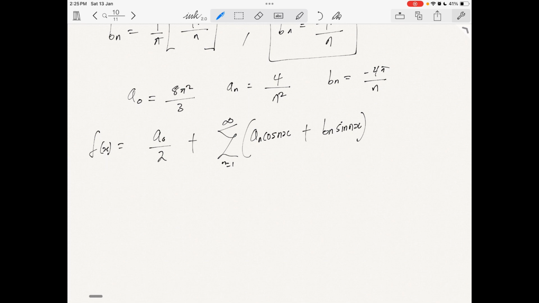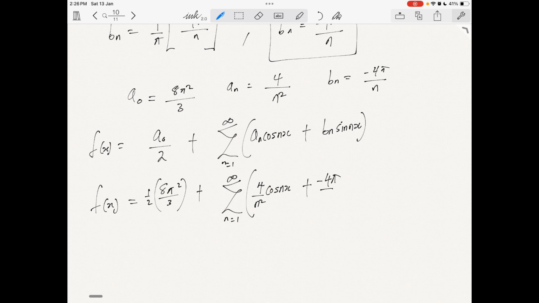So f of x is equal to A naught, which is 8 pi squared over 3, everything multiplied by 1 over 2, plus summation of n is equal to 1 to infinity, where An is 4 over n squared multiplied by cos nx, plus Bn, which is minus 4 pi over n, multiplied by sine nx.